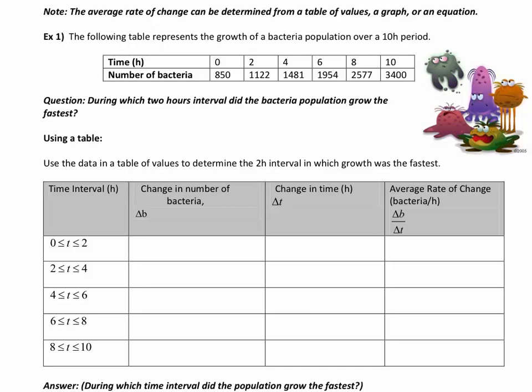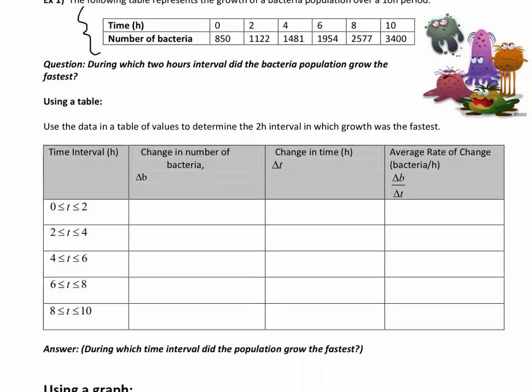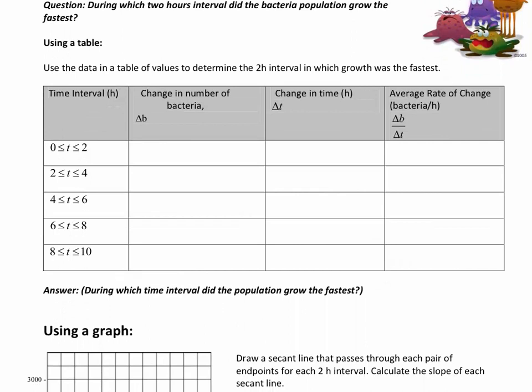The following table represents the growth of a bacteria population over a time period of 10 hours. The question is, during which 2-hour intervals did the bacteria population grow the fastest? If we use a table, then what we would do is calculate the change in bacteria, the change in time, and then the average rate of change.